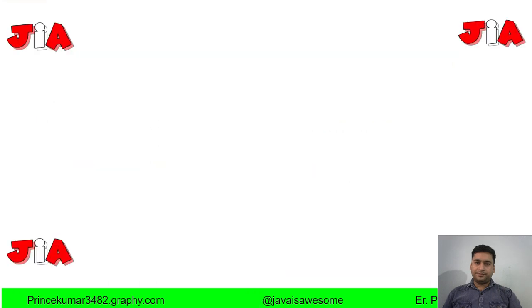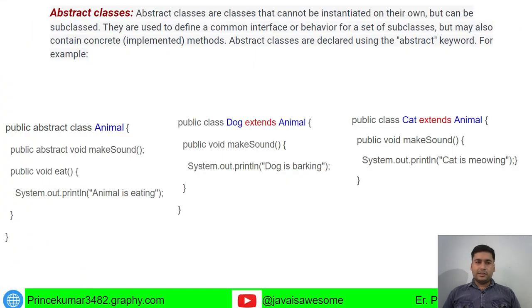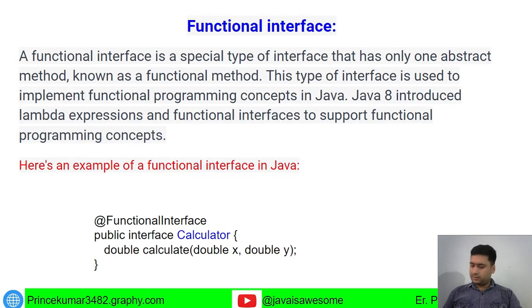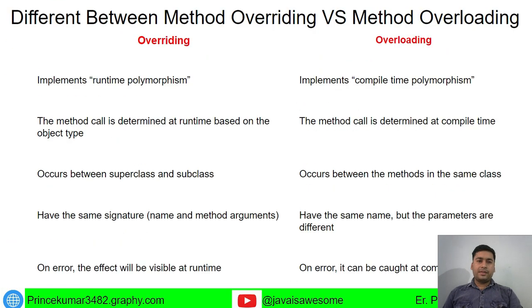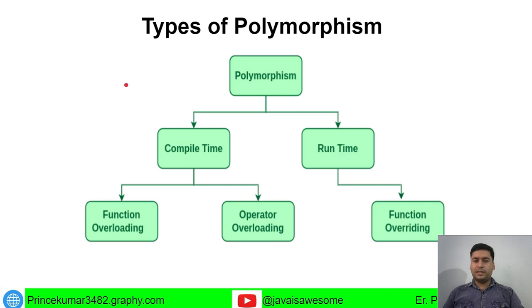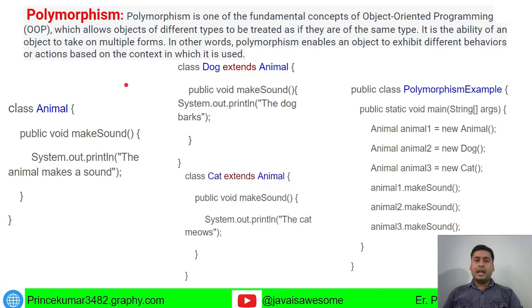Okay, simply, this is what we have discussed as of now: the differences between them, runtime polymorphism, compile time polymorphism, and the types of polymorphism. So what exactly is polymorphism? Polymorphism is one of the features of the OOPS concept. It's used to provide different forms of one object.